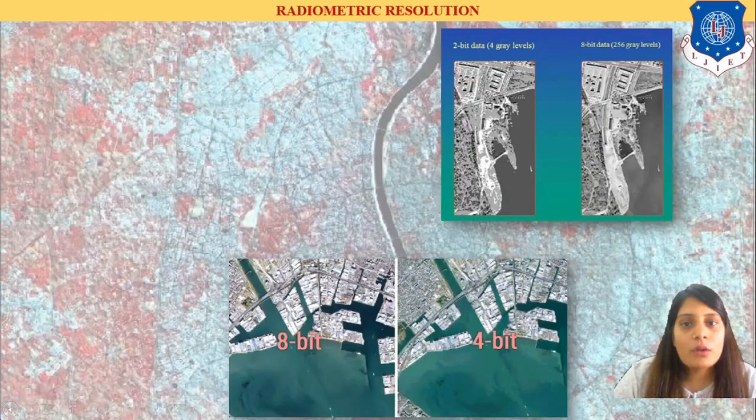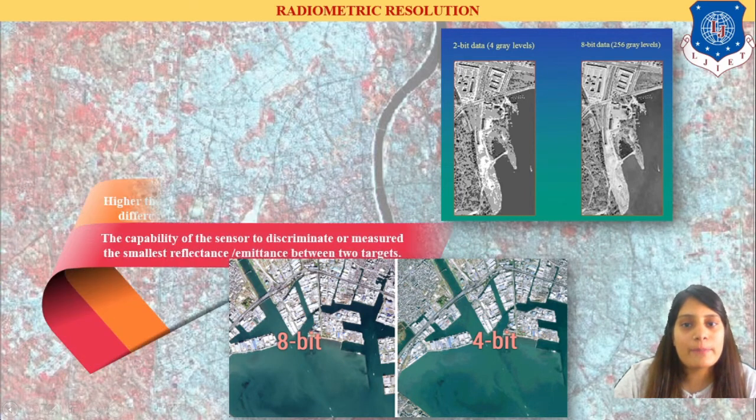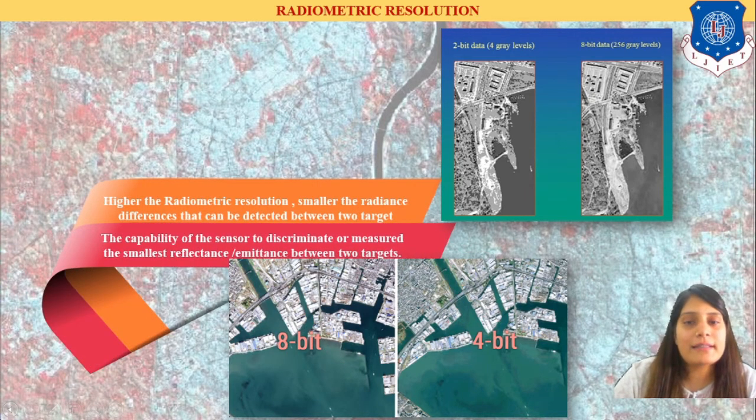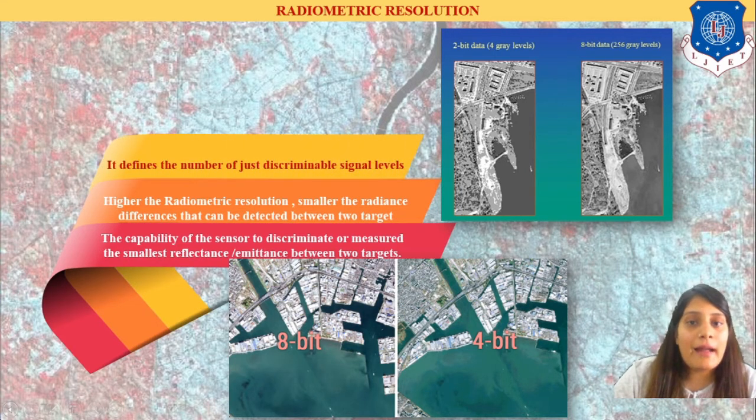Now going to radiometric resolution. You can see the images, and they can tell you the difference behind radiometric resolutions. First, it is the capability of the sensor to demarcate or measure the smallest difference in reflectance of energy. The higher the radiometric resolution, the smaller the radiance difference that can be detected between two targets.